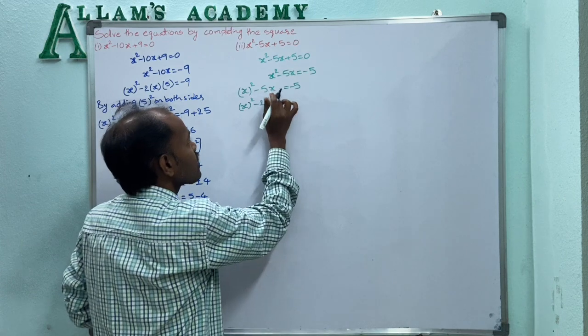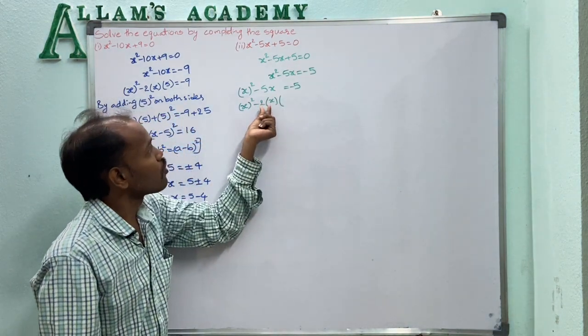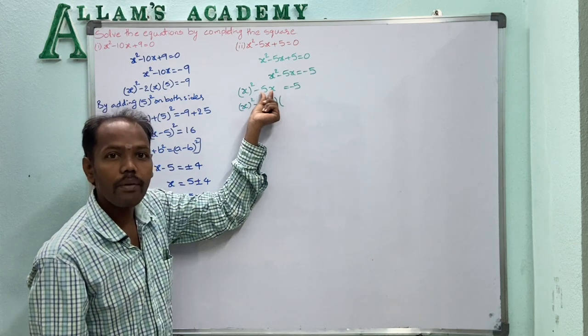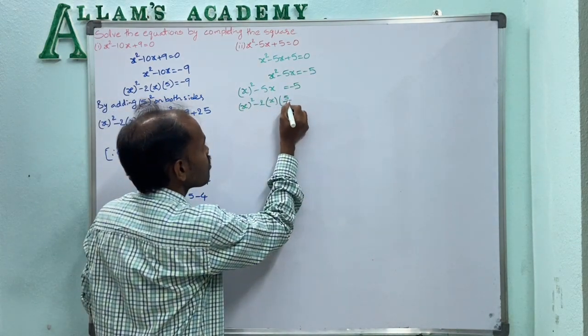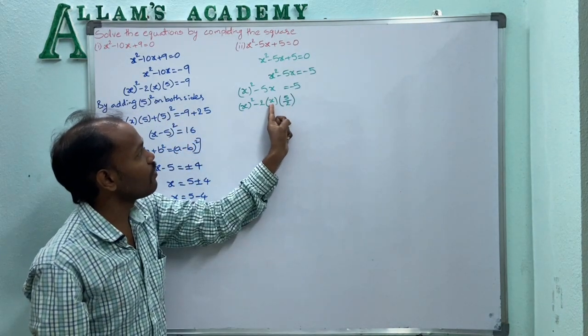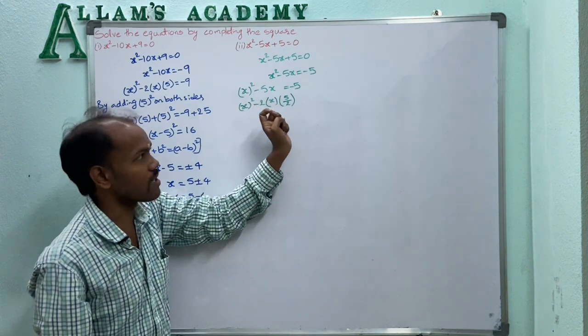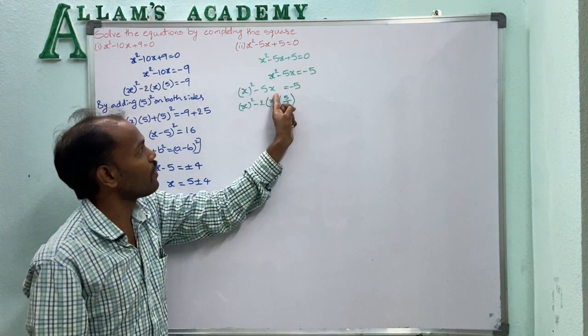But here we have 5x and we get only 2x, so to get 5x we multiply by 5 and divide by 2. The 2 gets cancelled, and x into 5 is 5x. That means 2 into x into 5 by 2 gives the 5x term.